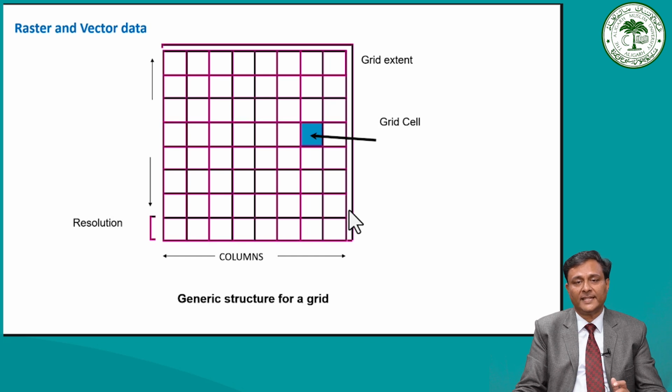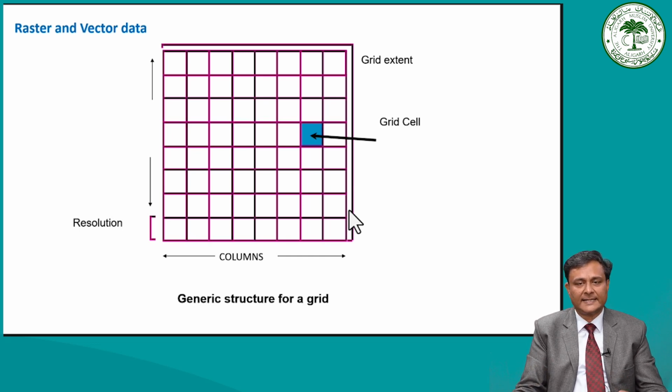Another would be on the y-axis, which might be in the context of longitude. So latitude and longitude would be the two pieces of information of any grid cell. And then we also know that each grid cell would be representing a geographic reality in one layer. That layer would be represented by the appropriate attribute information which we want to depict in our digital data in raster format. That is the basic idea of raster data.